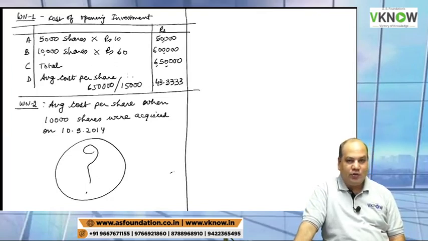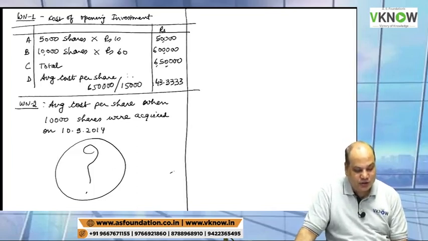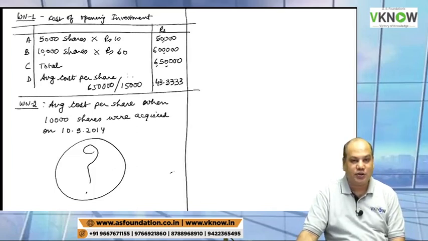You are following the weighted average cost method. In the question it is given that this company follows the weighted average method. So kindly answer: what is the average cost per share on 10 September when the company purchased 10,000 shares at the rate of rupees 70?